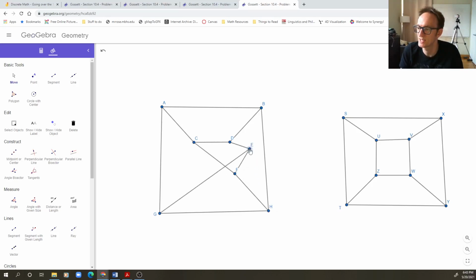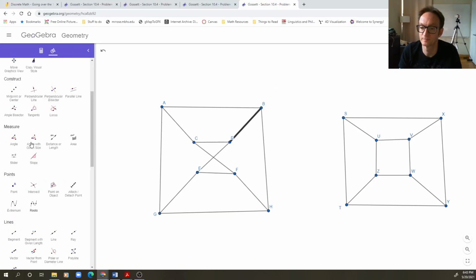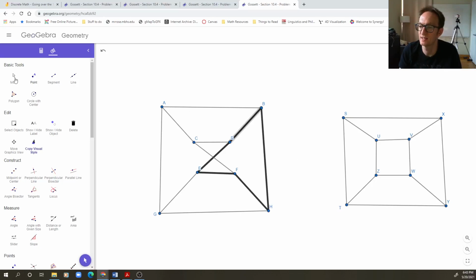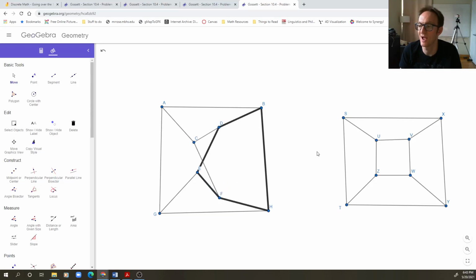And in particular, there is a cycle of length 5 that goes from B to D, BD, DE, 3, 4, 5. And there just is no cycle of length 5 on the graph on the right.